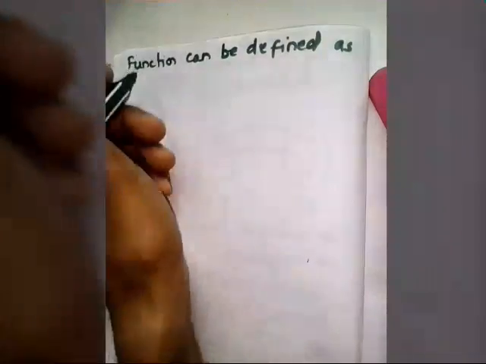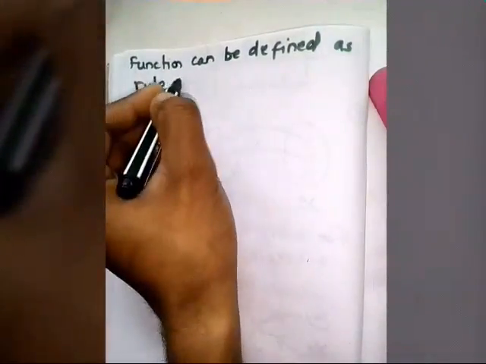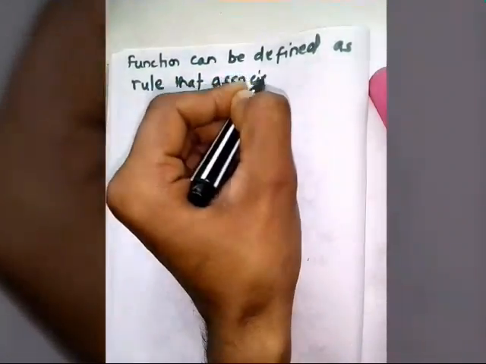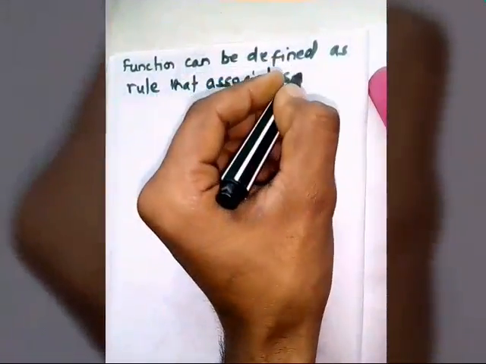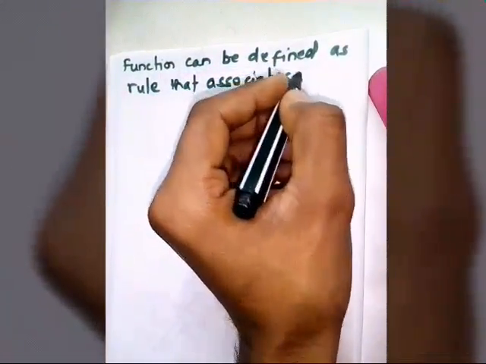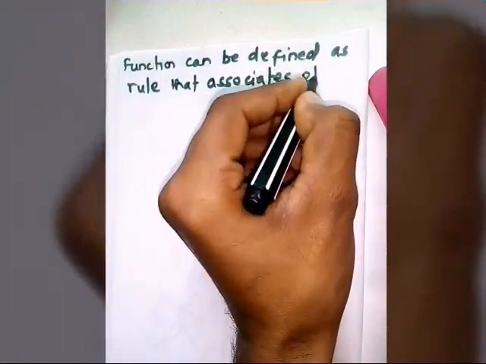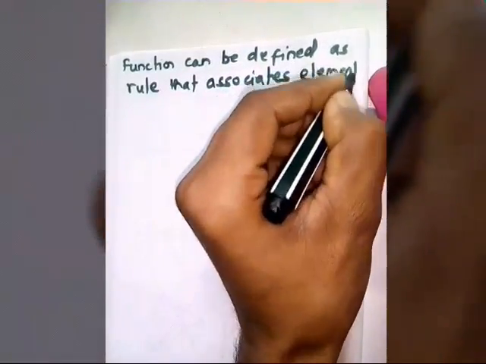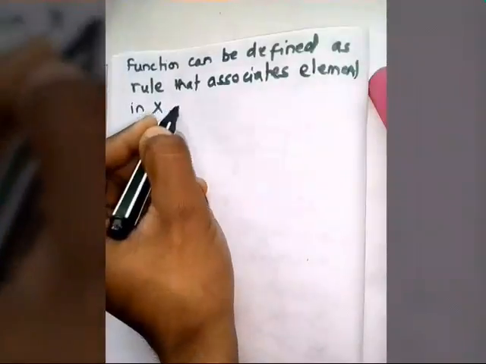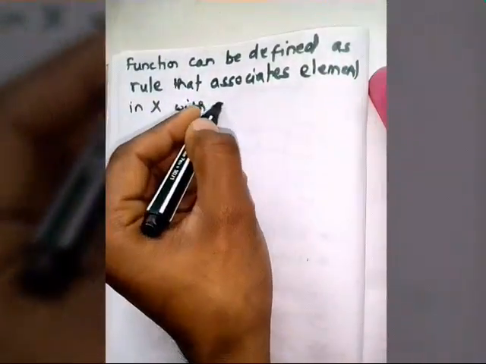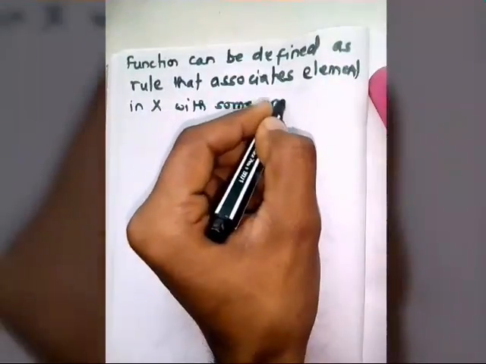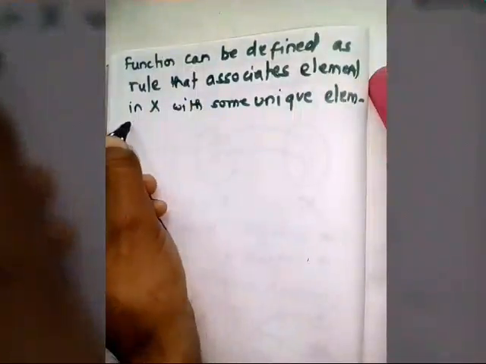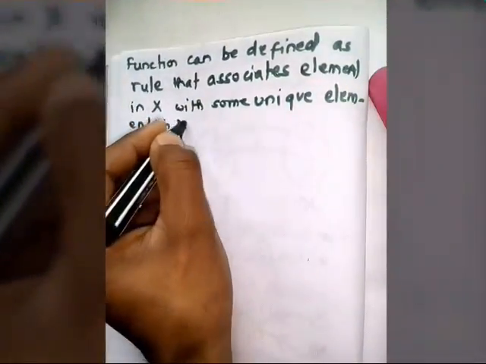So a function can be defined as a rule that associates, that means that connects, an element in x with some unique element in y.